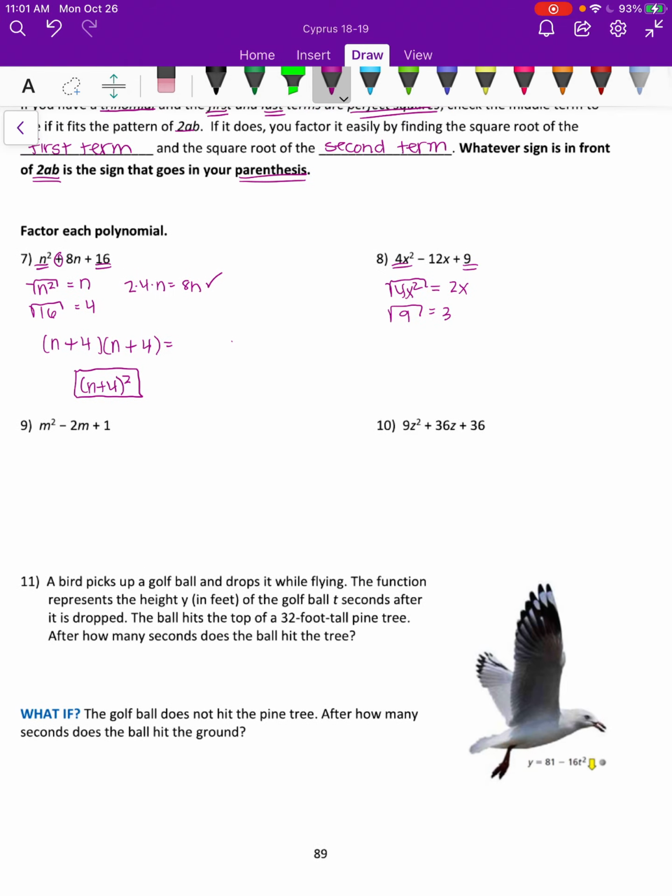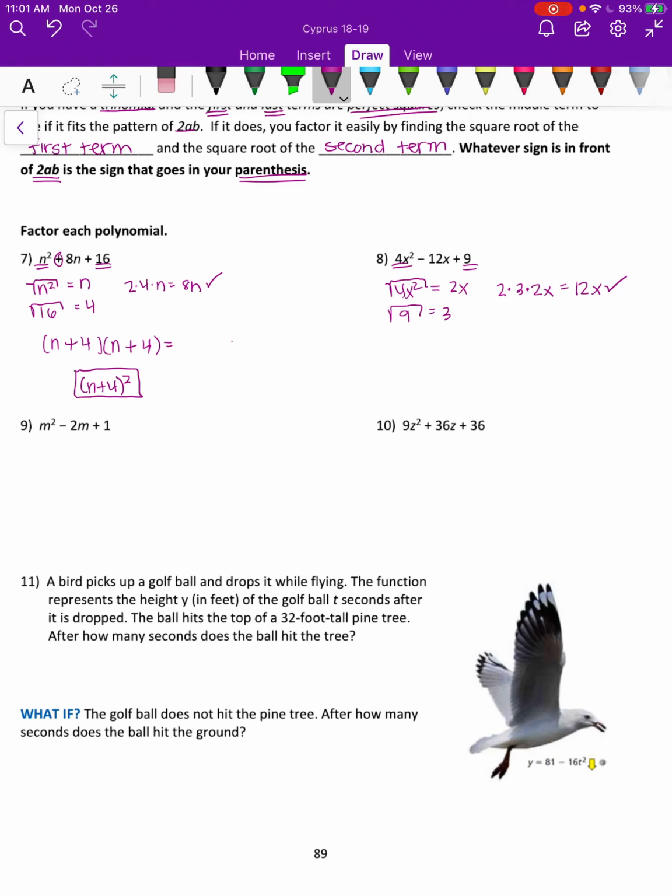So, whoa. Geez, my sleeve is moving my screen. We have to check is 2 times 3 times 2x. Does that equal 12x? Okay. Well, 2 times 3 is 6, times 2 is 12x.